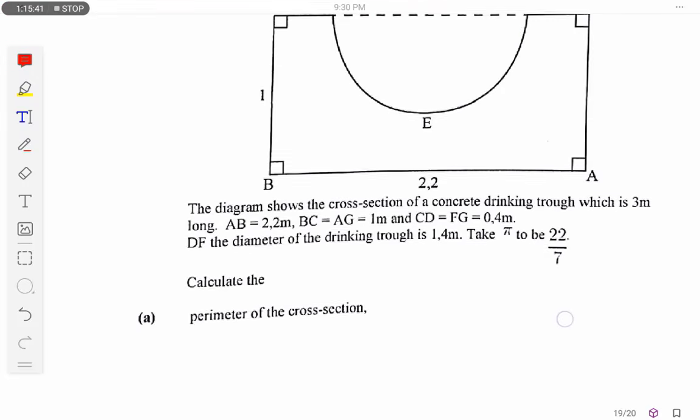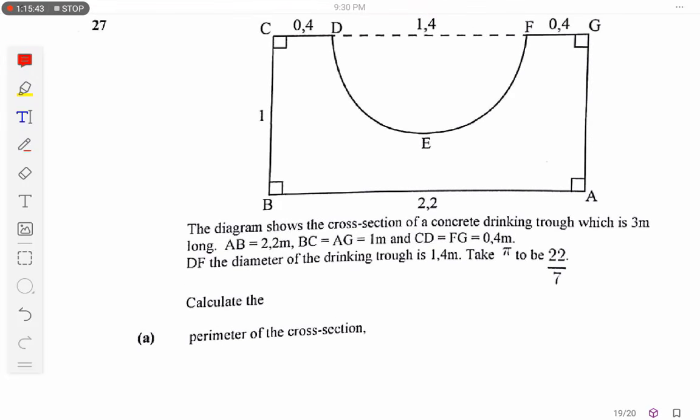Okay. Now we are on the last question, number 27. They are saying calculate the perimeter of the cross-section.